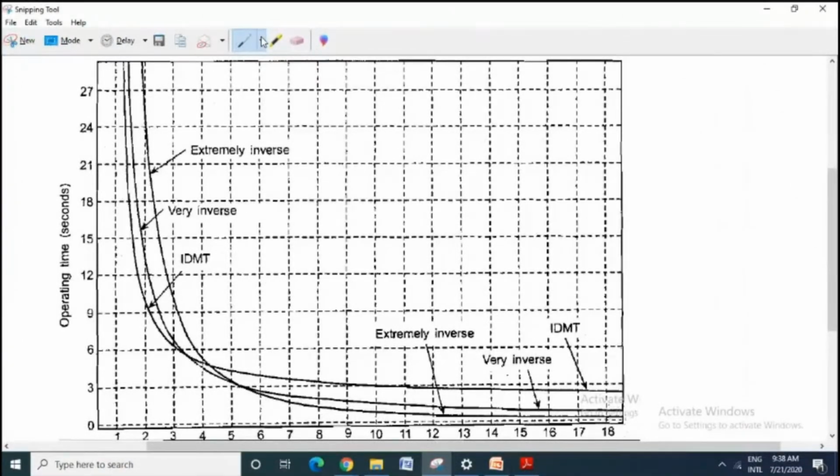Pay attention very closely over here. I'm showing the red line for the IDMT, or let's say standard inverse definite time kind of relay. So this graph comes like this, and goes somewhat inverse. We are considering this.